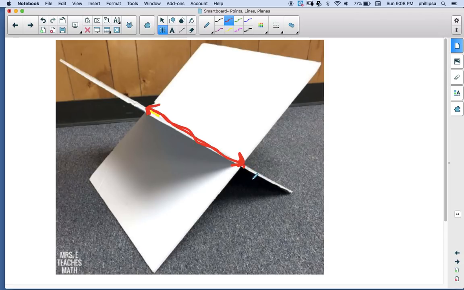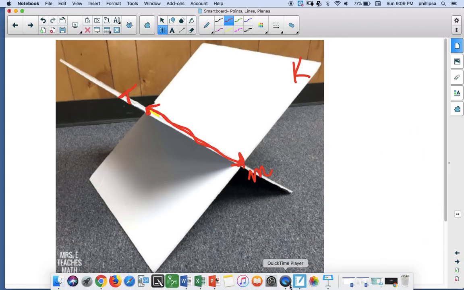You could call this line line M. So this plane, let's call it plane K. And we'll call this plane here that we can't really see a flat side of plane T. So we could say that plane K intersects plane T at line M. And again, I'll show you a demonstration of it in class, all of the intersections, so you get a better idea of what that looks like.